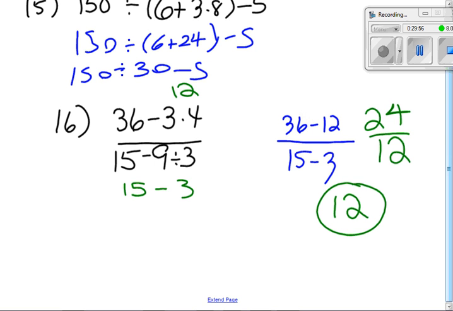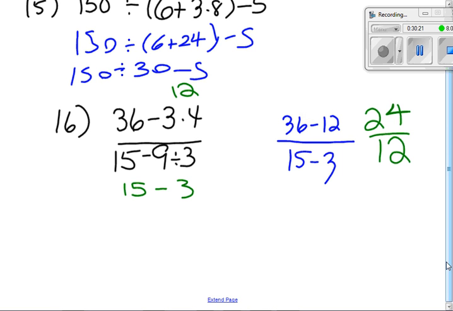24 divided by 12 is not 12. Divide, you subtracted. 24 divided by 12 is not 12. Divide. Oh. What's 24 divided by 12?